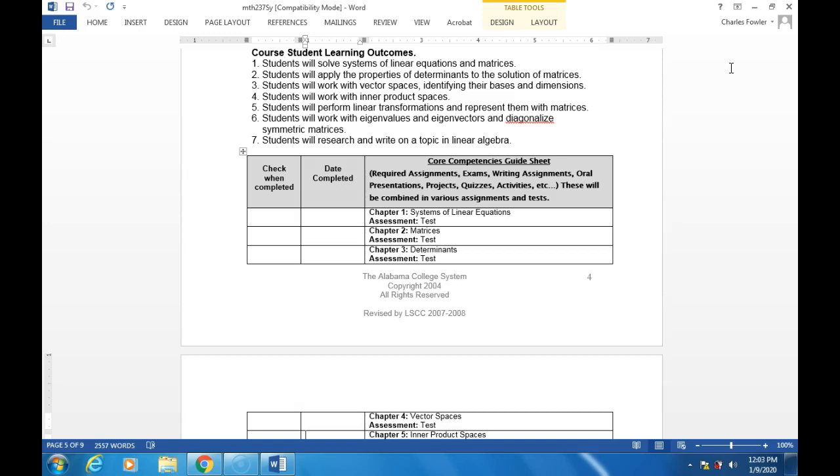Flip a page. Inner product spaces, that's chapter 5. Linear transformations, that's chapter 6. Eigenvalues and eigenfunctions, which includes diagonalization, that's chapter 7, and that basically is every key word that they had in the topic.